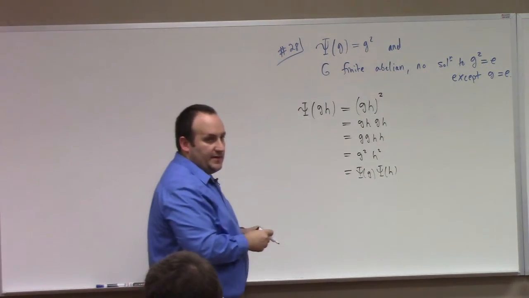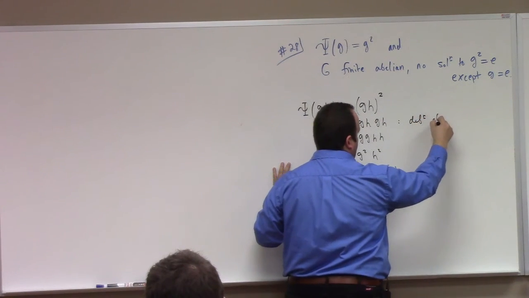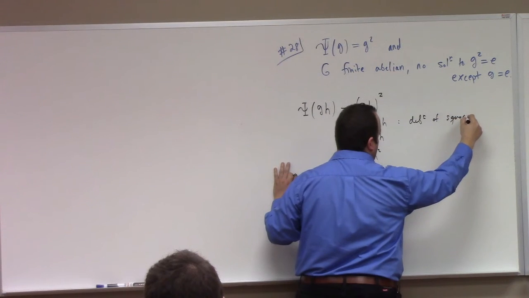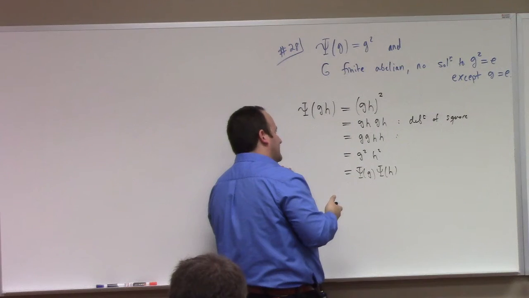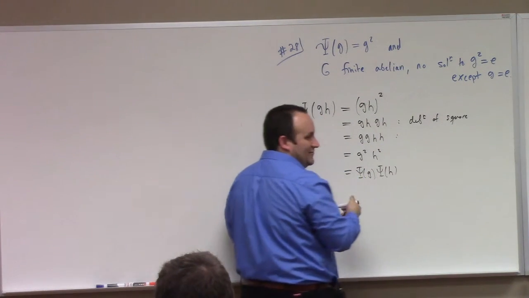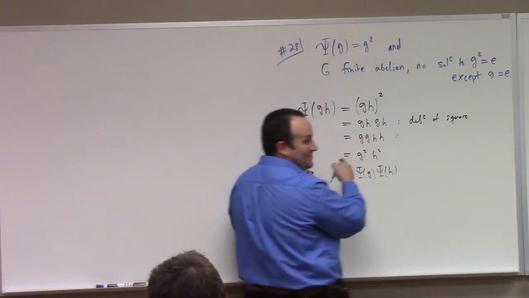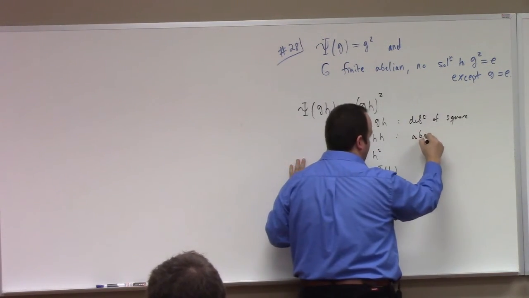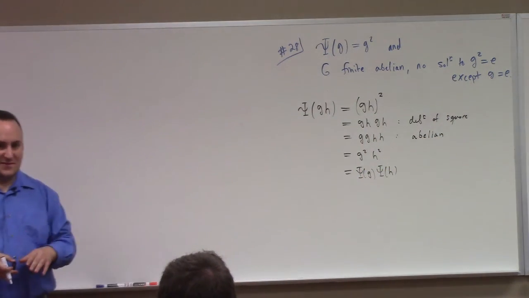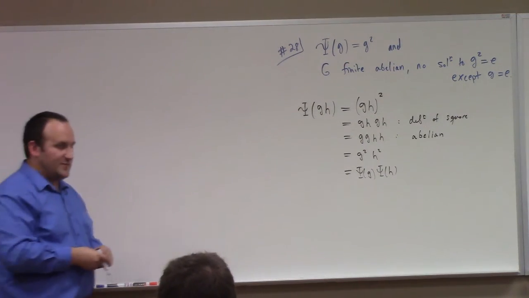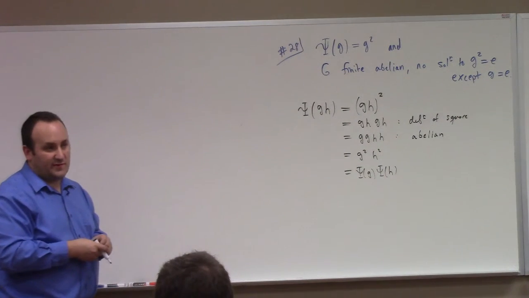Again, this is the definition of psi and the definition of square. The fact that I'm not writing parentheses and am writing four things means I'm using associativity, generalized associativity. So this proves that psi is a homomorphism.